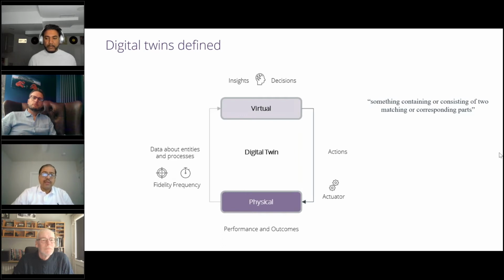From the physical, you can draw information about the entities that live in that real world, use that to give insights and decision making to the end users, and based on those decisions, you can drive some actions in the physical world. So from a technical point of view, the bidirectional connection between the virtual and the physical is very important, so that you can drive better performance and better outcomes from the digital twin.